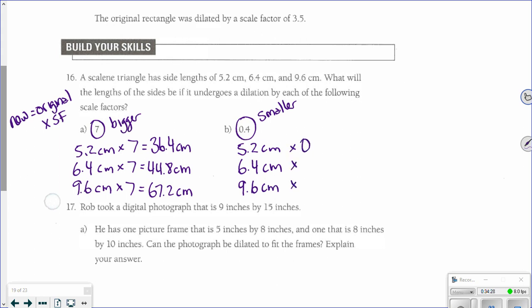So times 0.4 times 0.4 times 0.4, which means my new side lengths are going to be 2.08, 2.56, and 3.84. Again, it looks like they've gotten smaller. My 5.2 turned into 2.08.